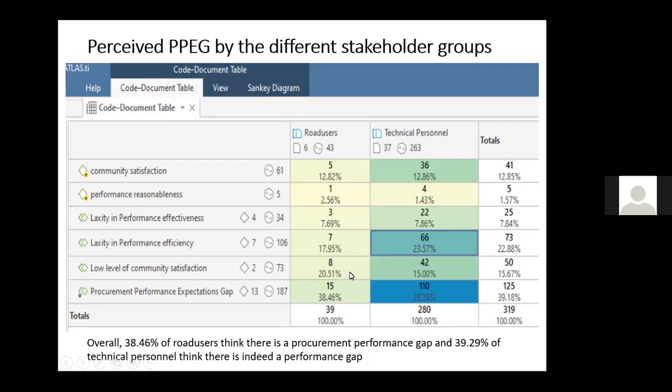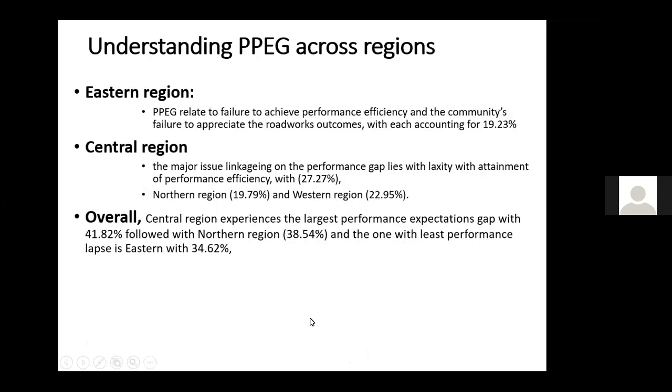And these gaps are attributed to the 3 dimensions, as explained. Here I also try to look at the gaps in the different regions, since we collected data from the 4 regions. In the Eastern region, for instance, the gap was mainly relating to the failure to achieve performance efficiency, where the gap was 19.23%.